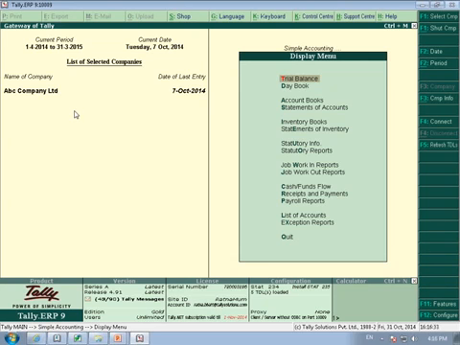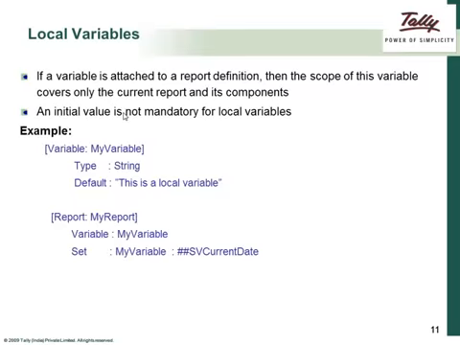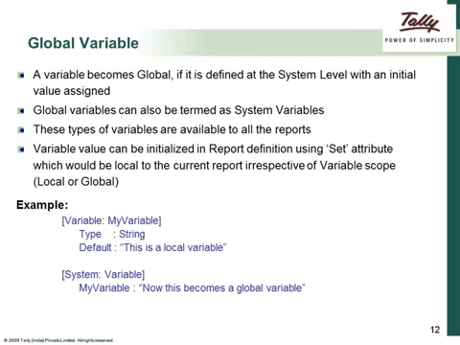Hence, every variable you use in your button will be a system variable, but it will not be a persistent variable. Is this clear? So there are variables which are called local. There are variables that we have global, and based on that we can change it.